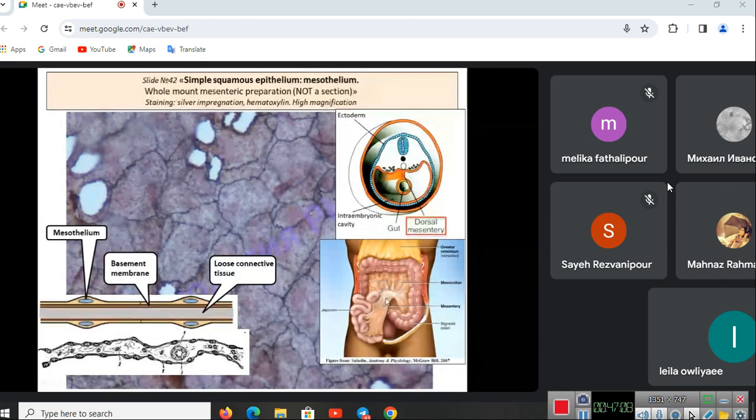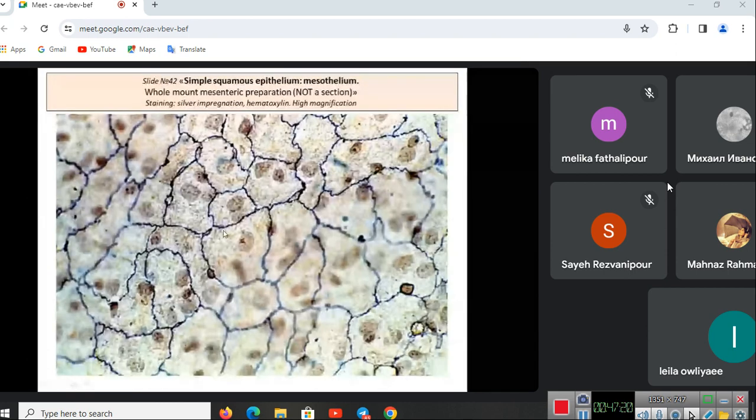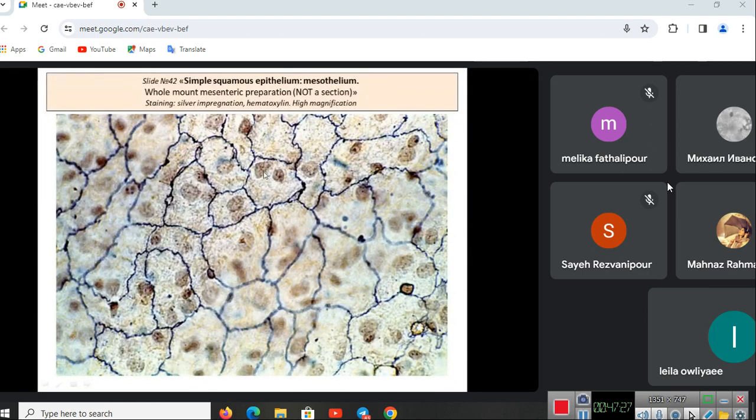So between these layers of mesothelium, the blood vessels go towards intestines. So we see here also blood vessels. And this is why we see here two layers of cells. So cell borders, cell nuclei. Some of the cells have two nuclei. This is because of the incomplete cell cytoplasm division during mitotic cycle.